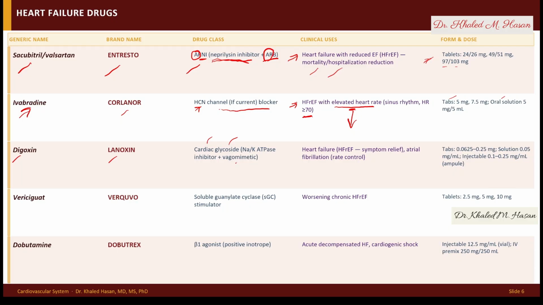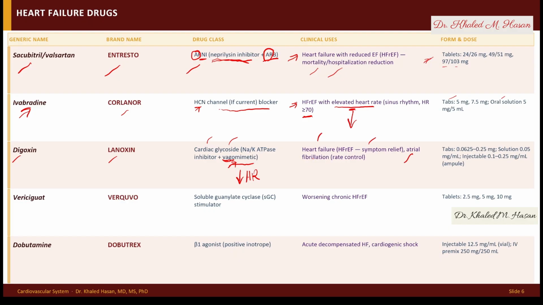The vagomimetic effect explains the decrease in heart rate. Digoxin decreases heart rate through the vagomimetic acetylcholine effect. We use digoxin for heart failure with reduced ejection fraction, HFrEF, to relieve symptoms.